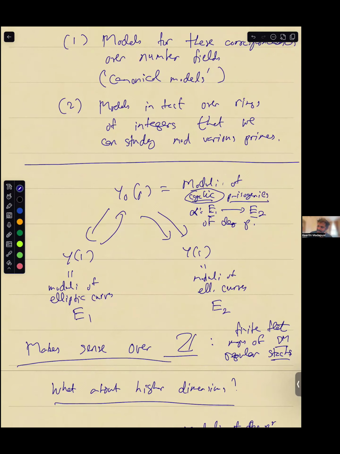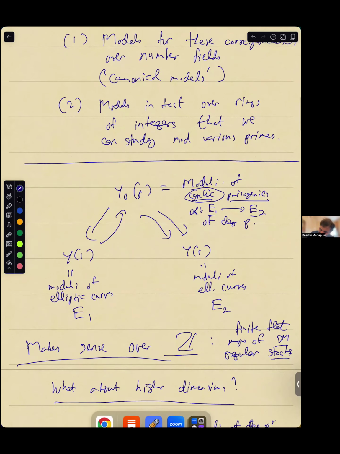I was just saying that you can interpret the two maps from H mod Gamma naught of P to H mod SL2Z as the same moduli, except I denoted one by E1 and the other by E2 to emphasize that one of them is the target of this isogeny and the other is the source of the isogeny. Okay, thank you.